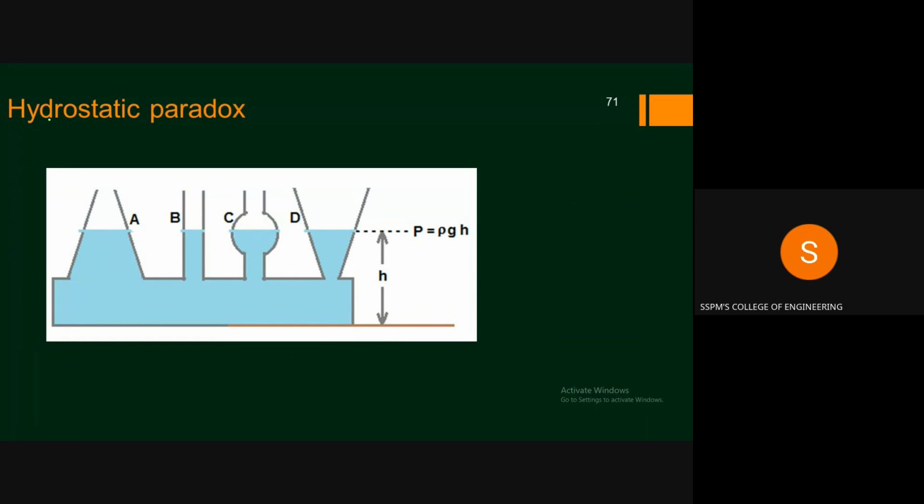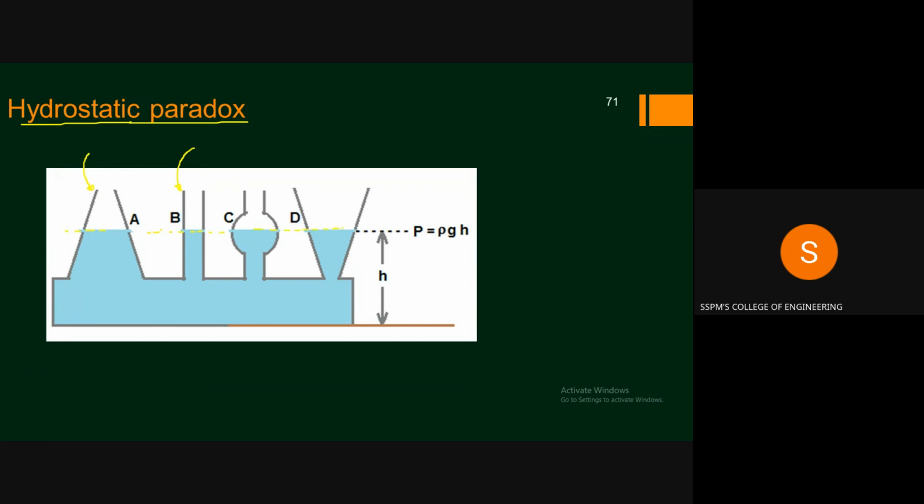Then there is one concept of hydrostatic paradox. Okay, the meaning of hydrostatic paradox is, if we consider different containers or different vessels filled with the liquid, the shape is different, and in all the containers the liquid level is same.